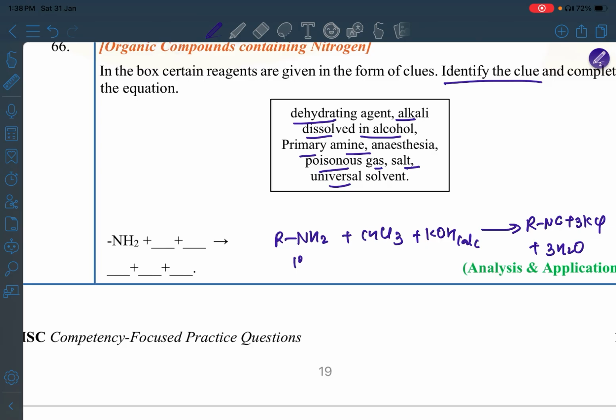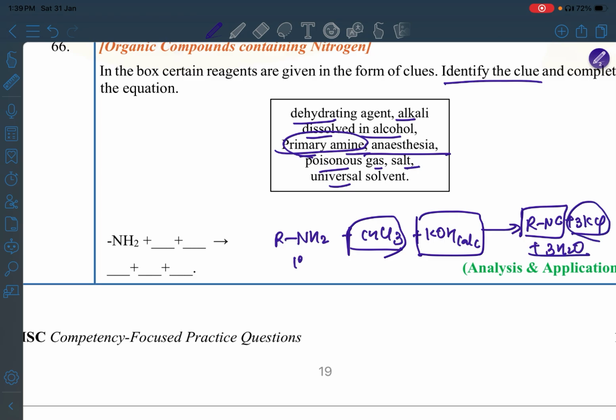So this is a 1 degree amine. Chloroform is used as anesthesia, so it is the anesthetic. This is the poisonous gas, this is the dehydrating agent, this is the salt, and this is the universal solvent.